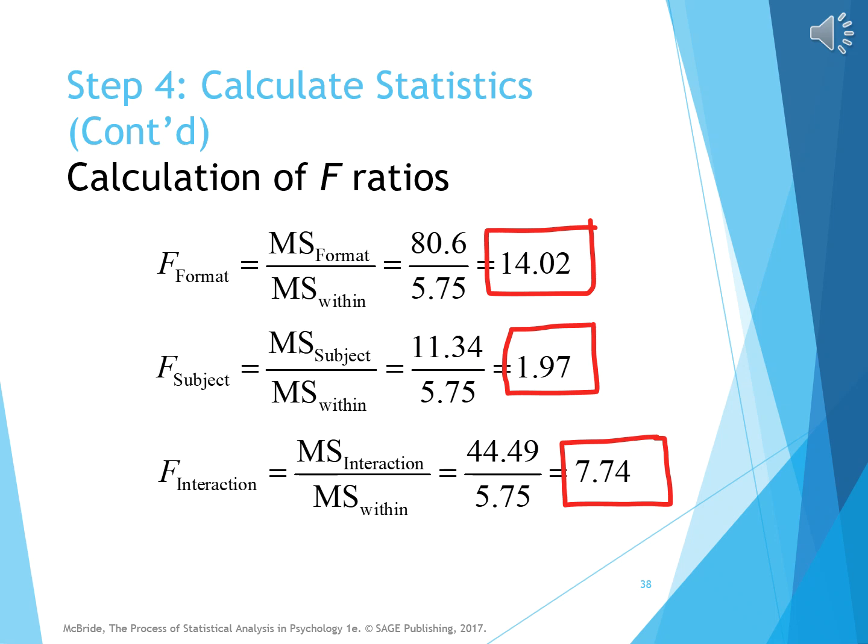The F value for just the independent variable of subject topic is 11.34 divided by 5.75. That gives you 1.97. The interaction effect F value is 44.49 divided by 5.75, which gives you 7.74. Now you're going to compare all of these F values that we calculated to F critical values from an F table.